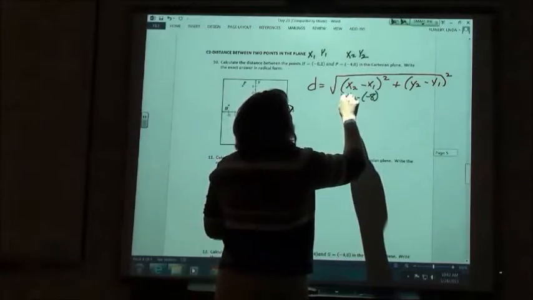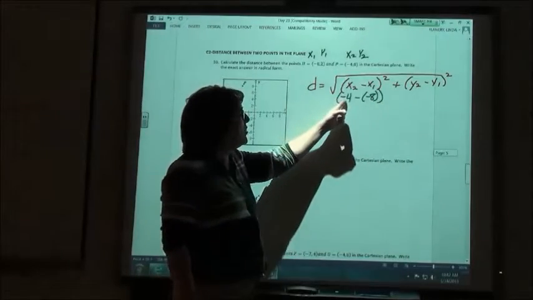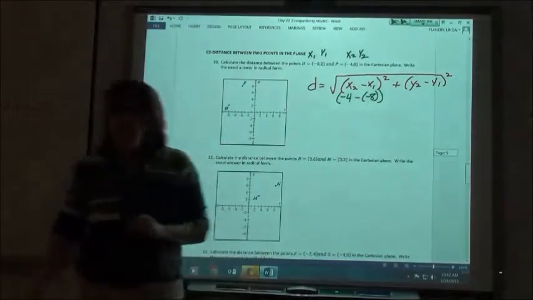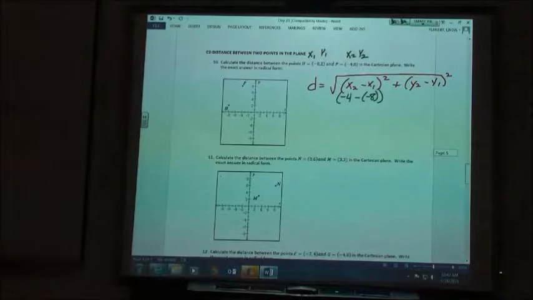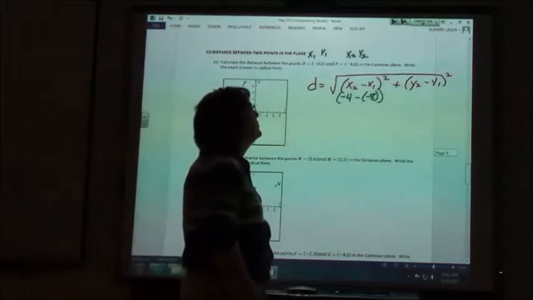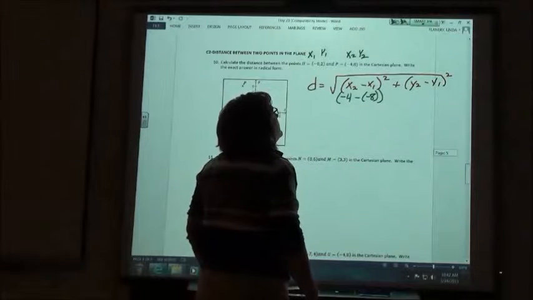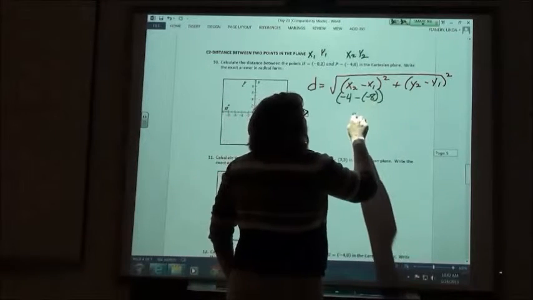Now, I'm going to just work on this part first. So, I'm going to do negative 4 minus negative 8 on my calculator. Negative 4 minus negative 8 is 4.